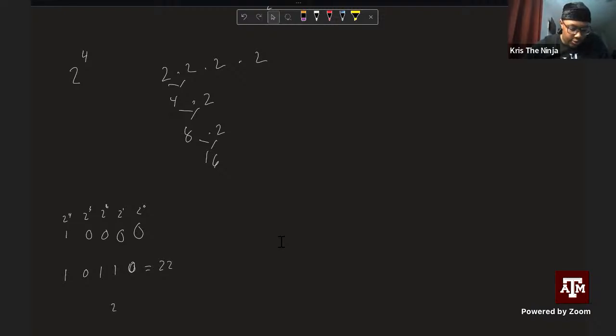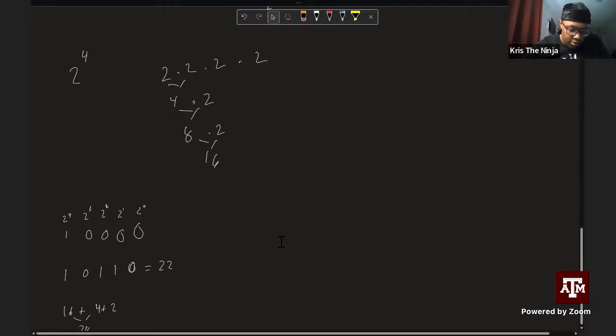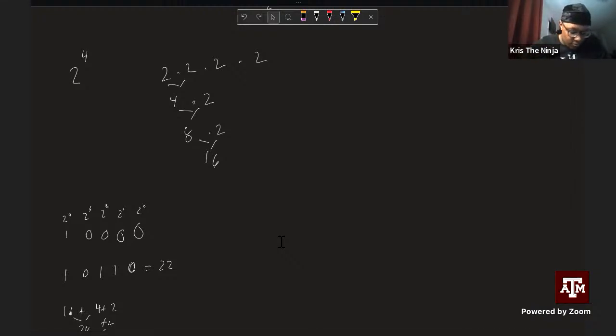I have 2 squared, which is 4, and then I have 16 here. So 16 plus 4 plus 2, 20 plus 2, 22. That's how that works right there. So that gives you 22.